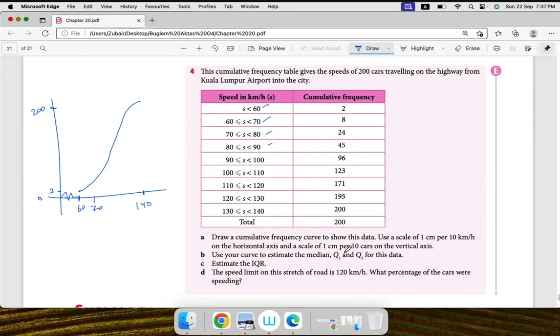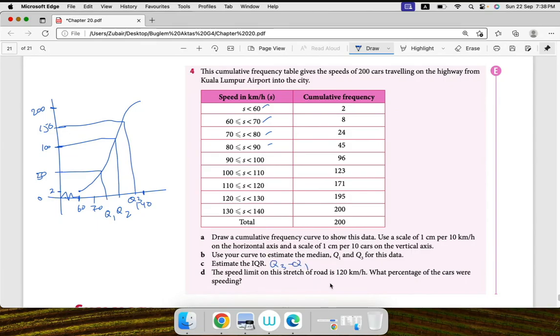That would be helpful when we are using graph paper. B part says use your curve to estimate the median, Q1 and Q3. So against 100, we'll have our median. Against 50, we'll have our Q1. Against 150, we'll have our Q3. And interquartile range is Q3 minus Q1.